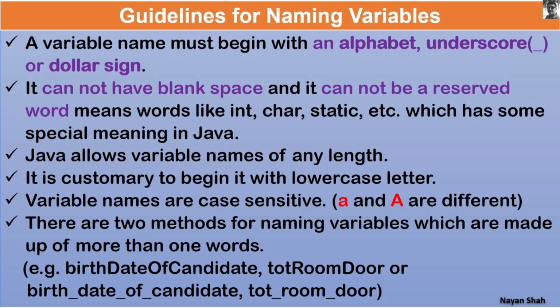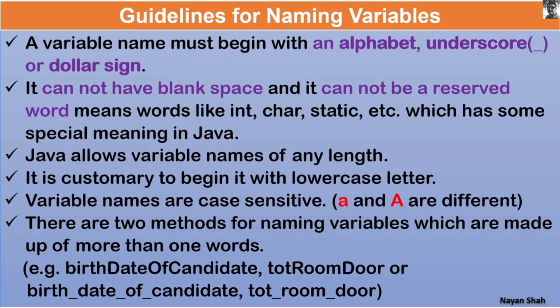As we discussed, it is customary to begin a variable name with a lowercase letter, so birth will be in small letters, but the rest of the words, date, of, candidate, should have the first character as a capital letter. Similarly, totalRoomDoor. The other method is birth_date_of_candidate, where you separate each word using an underscore sign, because blank spaces are not allowed.